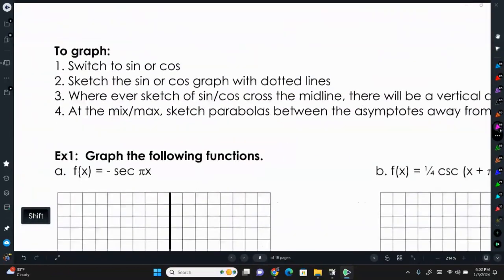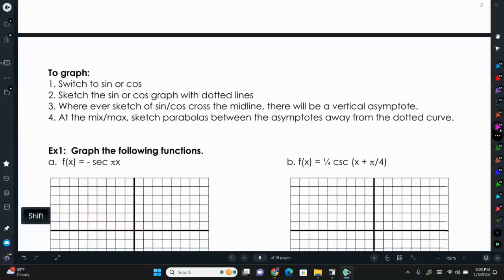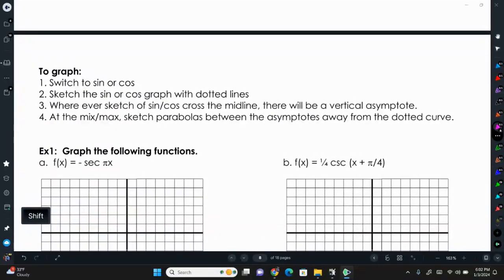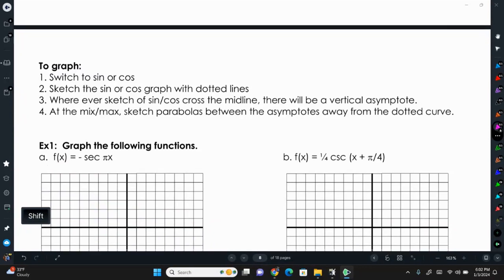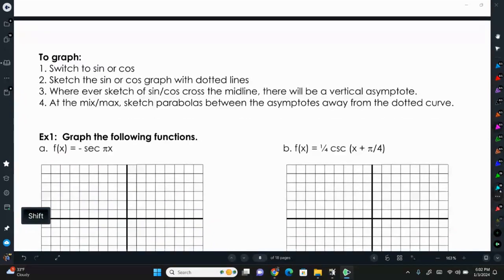So on this page, we're going to talk about how to graph them. The first thing we're going to do is switch to the corresponding reciprocal function, either sine if it's cosecant or cosine if it's secant. And then we're going to graph that corresponding sine or cosine graph with dotted lines. Whenever our sine and cosine graph crosses the midline, we have a vertical asymptote.